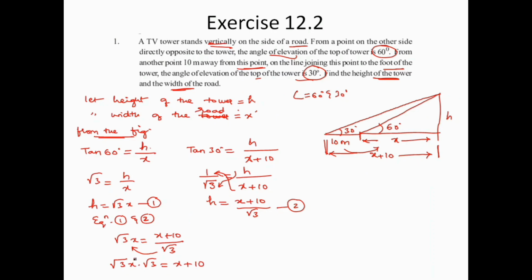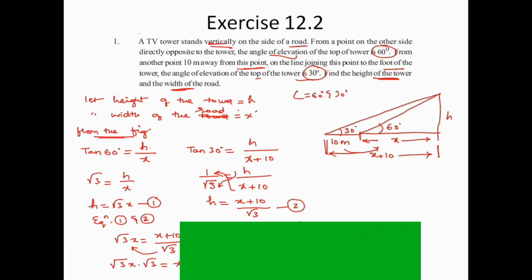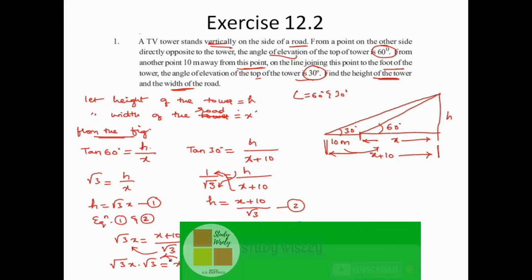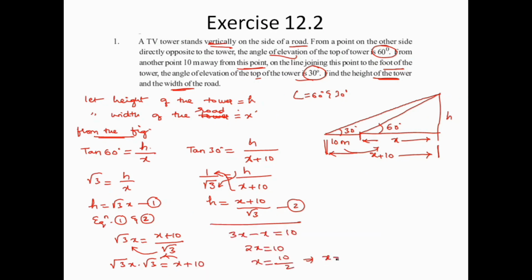As you all know, root 3 into root 3 is equal to 3, so 3x minus x, when I shift this x to the other side, is equal to 10. So I'm left with 2x is equal to 10. Now this can be written as 10 by 2. So x is equal to 5 meters.